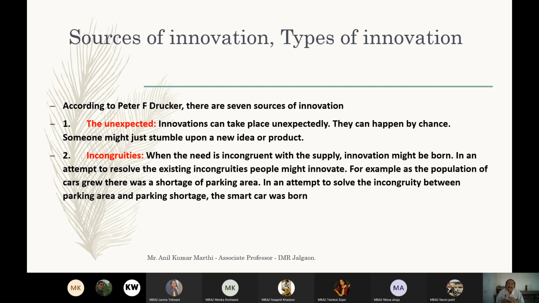When the need is incongruent with the supply, innovation may be born in an attempt to resolve the existing incongruities. People might innovate. For example, as the population of cars grew, there was a shortage of parking area. In an attempt to solve the incongruity between parking area and parking shortage, the smart car was born.